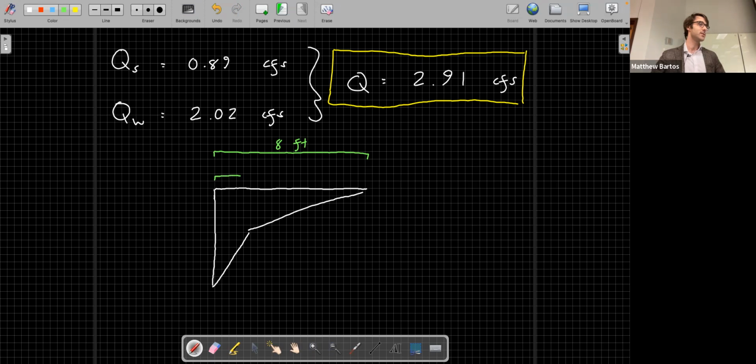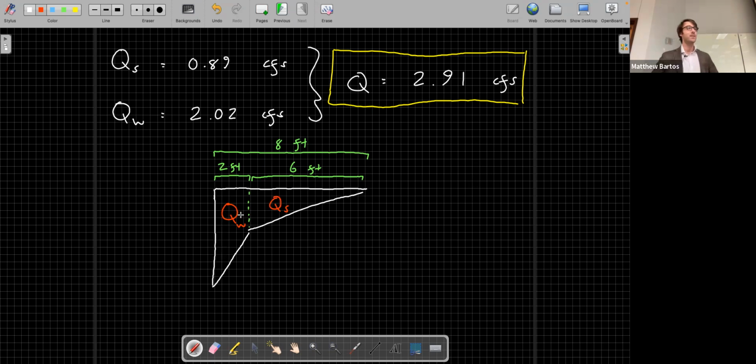W is this distance right here. W is how many feet? 2 feet, meaning that this distance here is 6 feet. Which portion does Q sub W correspond to? Yeah, Q sub W is this one here. Q sub S is the flow in this portion.